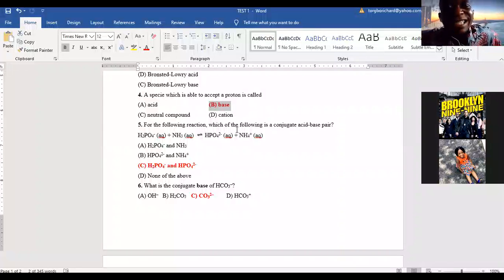A species which is able to accept a proton is called a base, not an acid. So I guess once I was trying to put the answers here, I selected the wrong one. But if you chose acid somehow and I mark you right, that's wrong. Supposed to be wrong. Any other question?